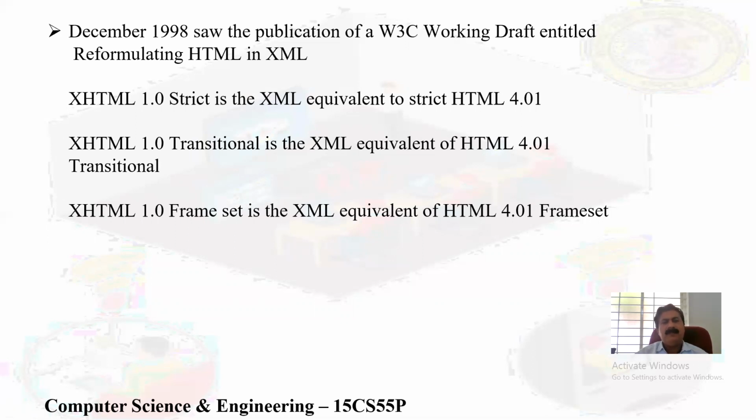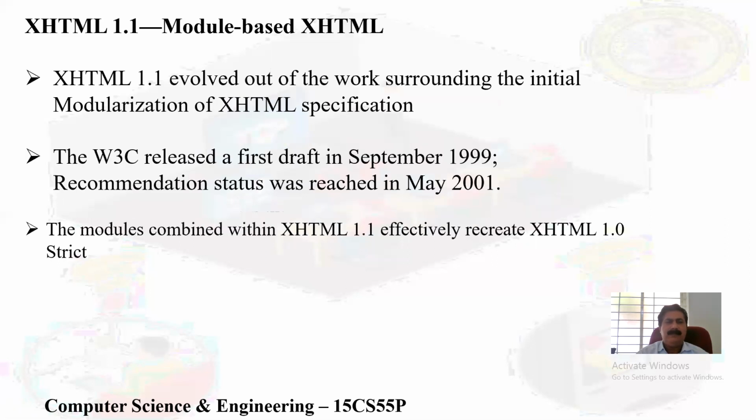XHTML 1.0 Transitional is the XML equivalent of HTML 4.01 transitional. XHTML 1.0 Frameset is the XML equivalent of HTML 4.01 frameset. XHTML 1.1 is module based XHTML.